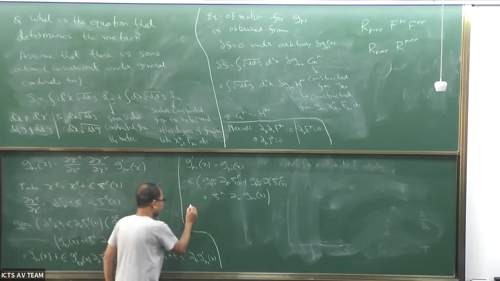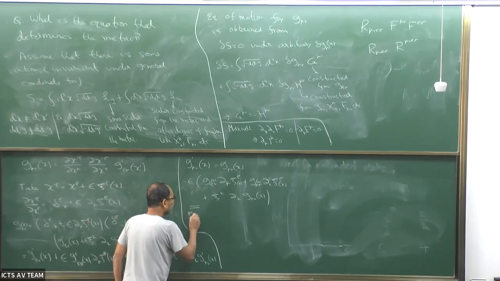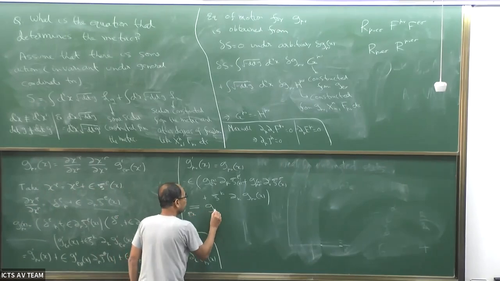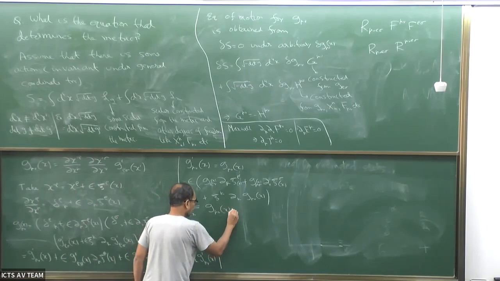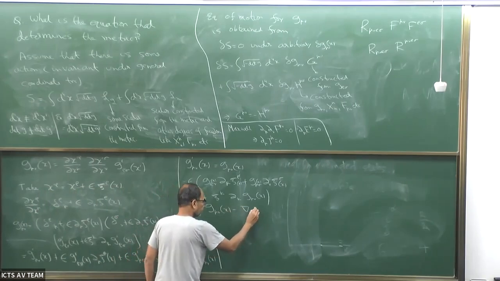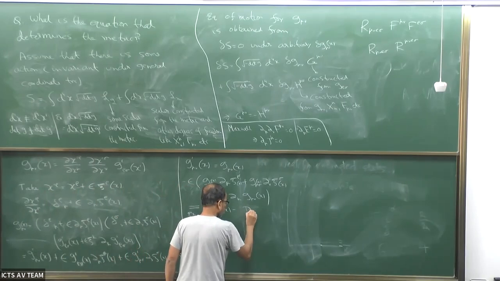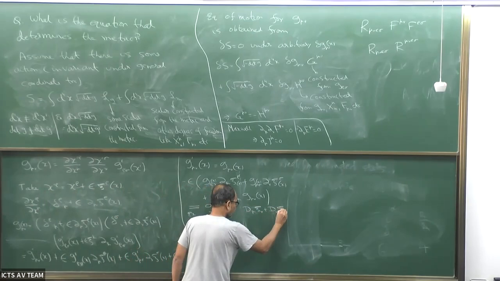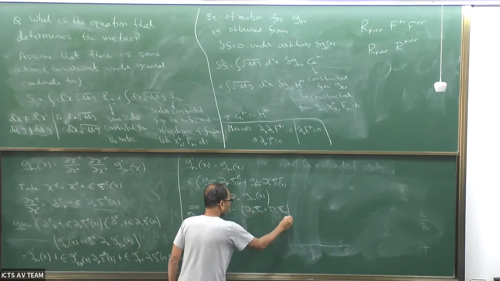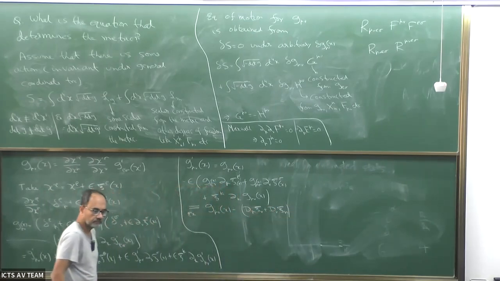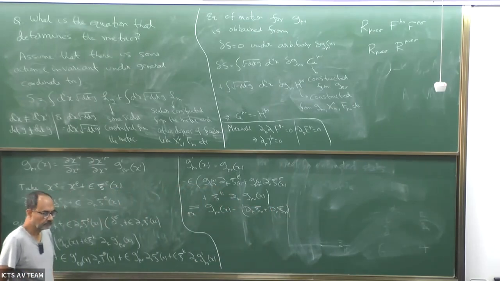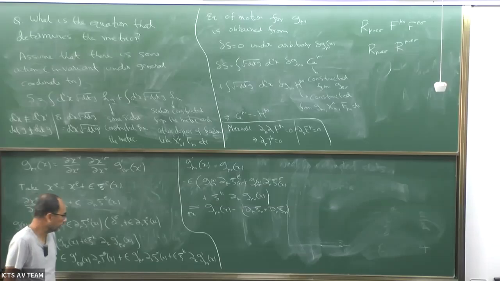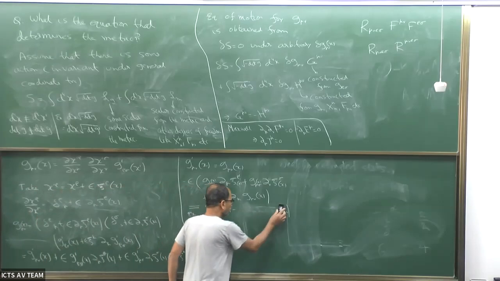Now I'll leave it as an exercise to show that this is given by g mu nu of x minus epsilon. I write one more step.